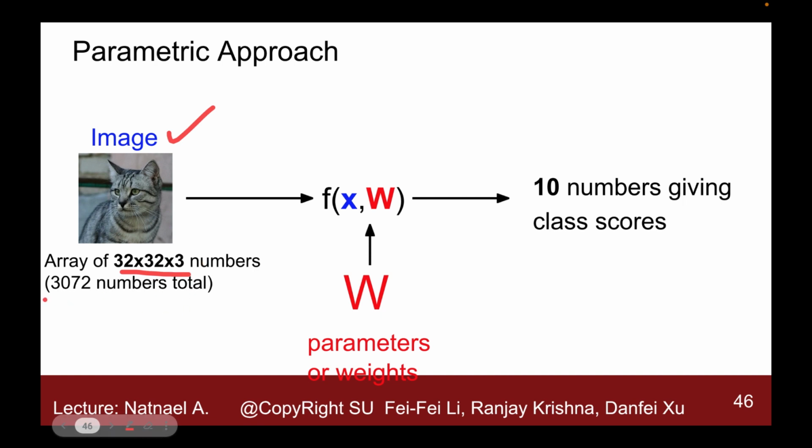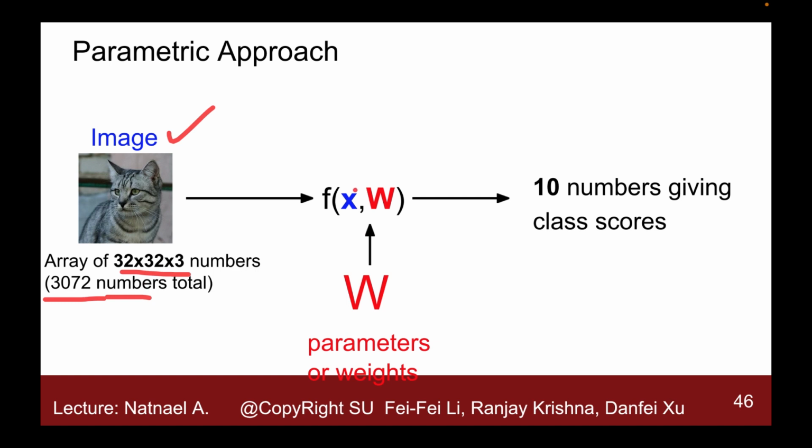So totally it will have 3072 pixels, which are defined in terms of pixel intensity, so numbers. The parametric approach has this function f of x, W, and this f of x, W gives a score for each of the input images in terms of the already defined classes.